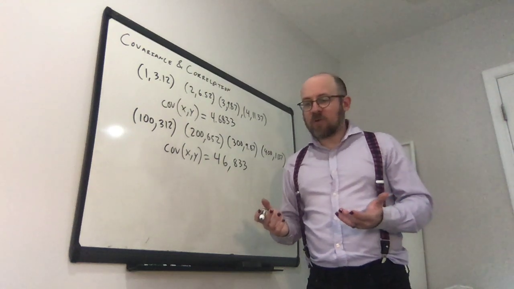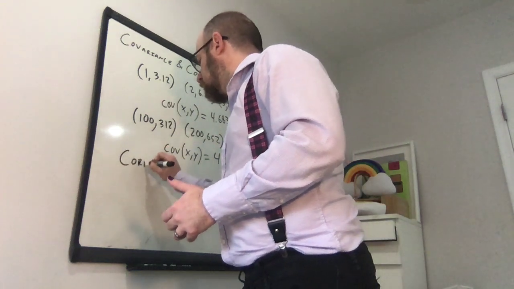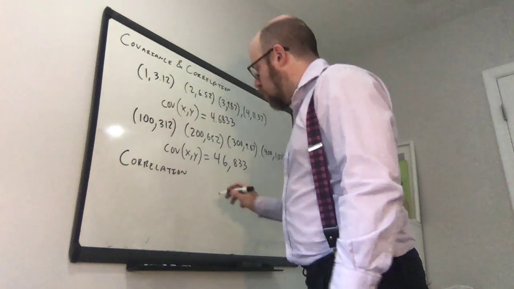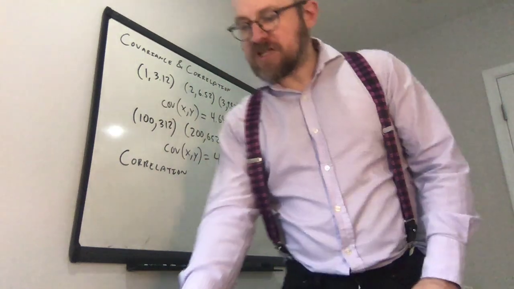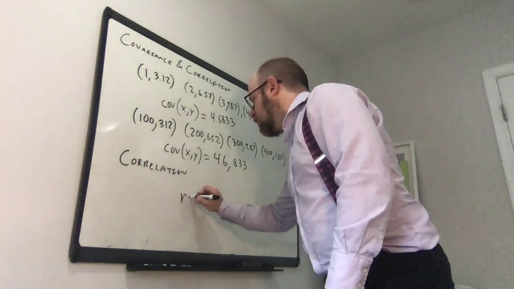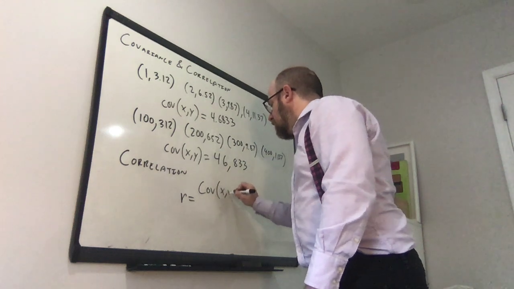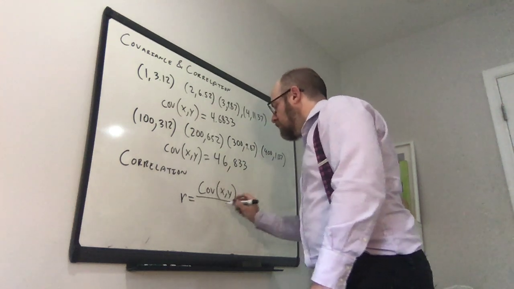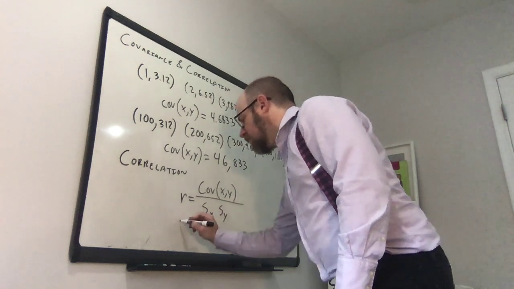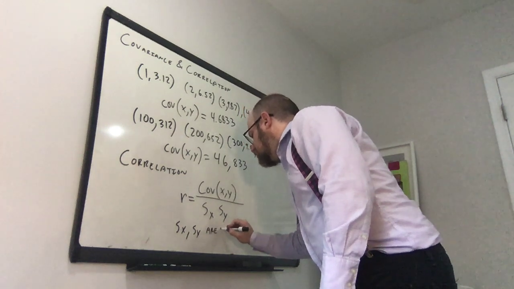Okay? And so what we do is we introduce something called correlation. Okay? So the correlation, which is denoted generally by R. So R is the covariance of xy, so this number we just found, divided by S sub x times S sub y, where S sub x and S sub y are the standard deviations.